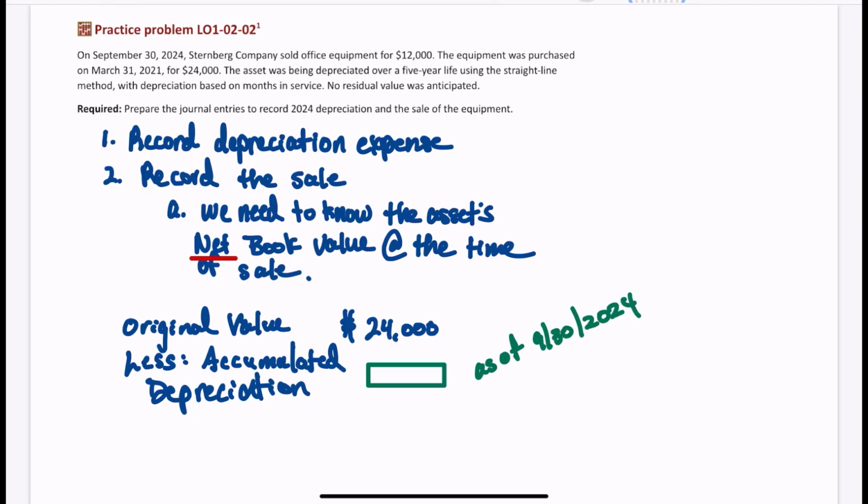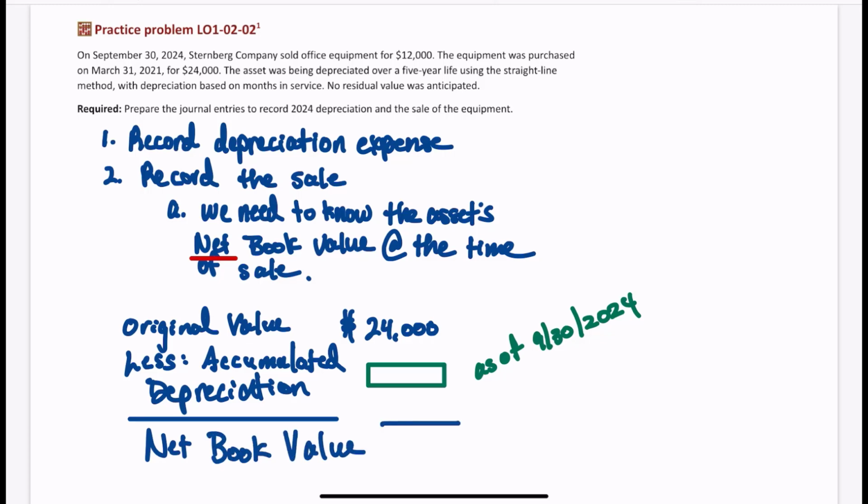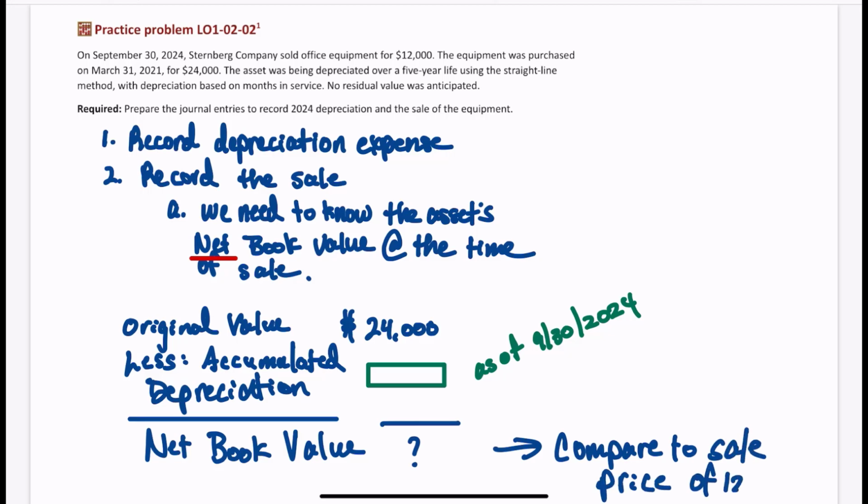And then this will give us our net book value. And so that's the number that we want. So we want to compare this to the sale price of 12.